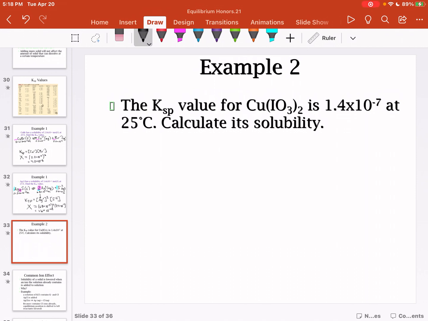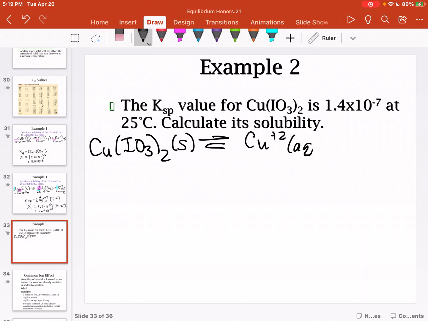Okay, here we go. We have our copper 2 iodate, and it is an insoluble substance, and it's going to produce copper 2 ions and 2 moles of iodate ions.